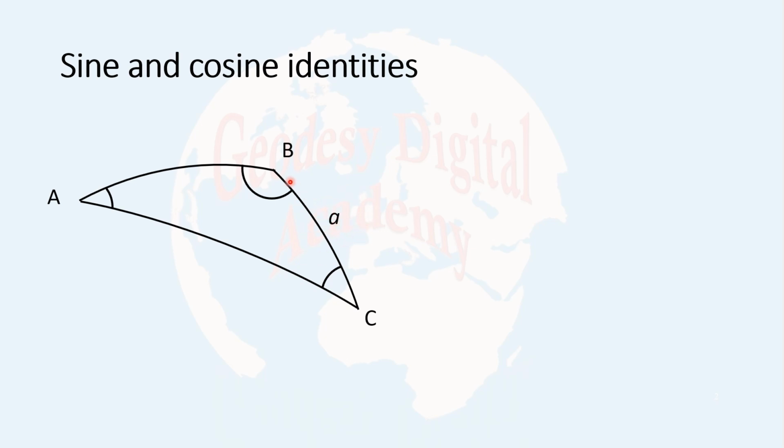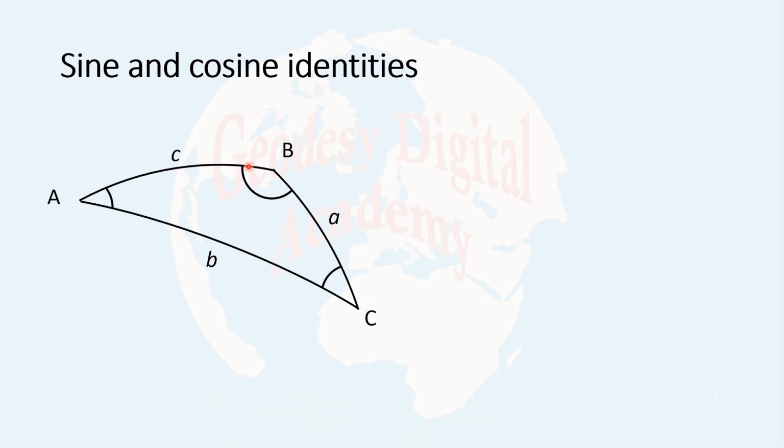Small letter means arc. So the arc in front of the angle B is called the arc b, and the arc in front of the angle C is called c, or the arc c.